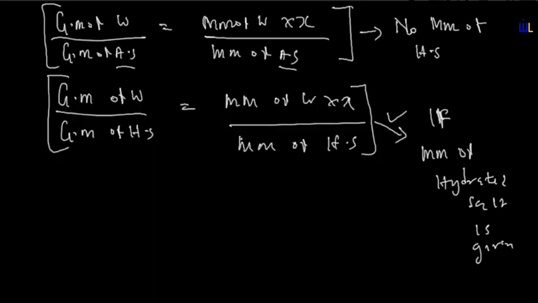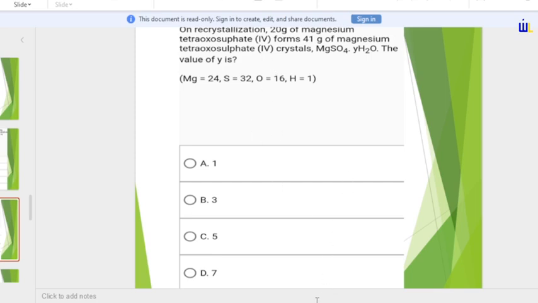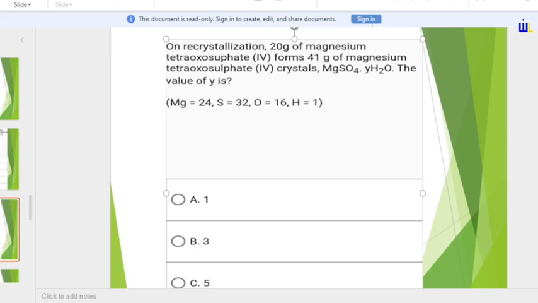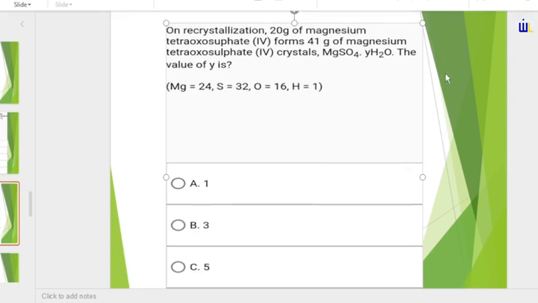Whoa, okay, no, that's not the question. So look at this question. Can you see it? Should I expand? Should I increase it? Okay, so you can see it now?